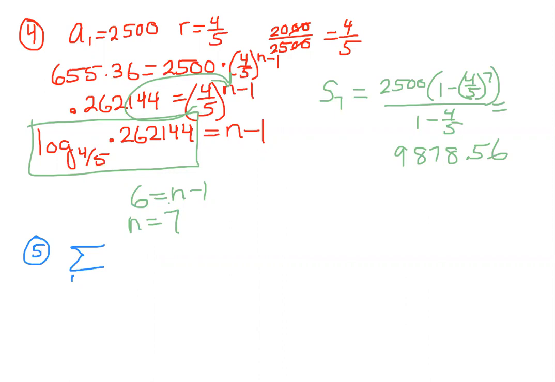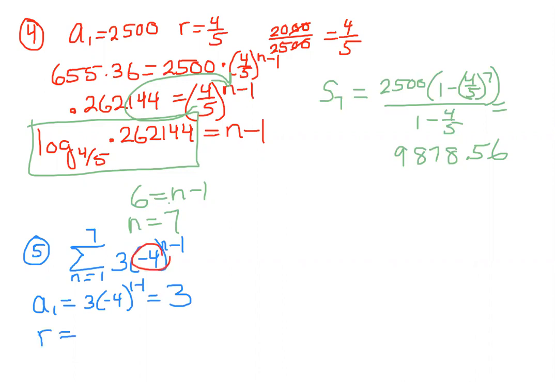Number 5 is written in summation notation, so it's going to be a little bit easier. We have n equals 1 to 7 of 3 times negative 4 to the n minus 1. So A1 is when n equals 1. So we'll substitute a 1 in for n, and we get 3. R is just this, so that's negative 4, and n is this, so that's 7.